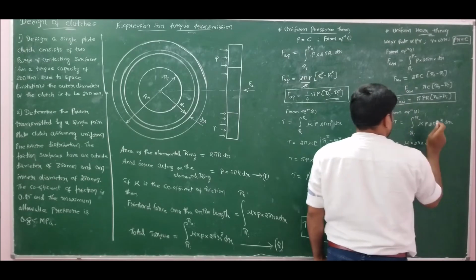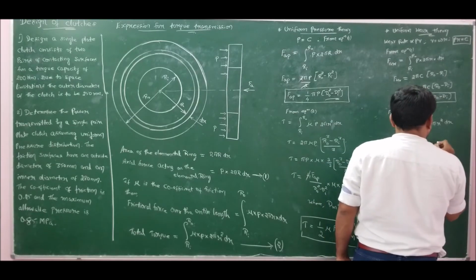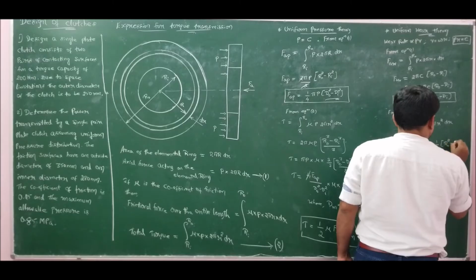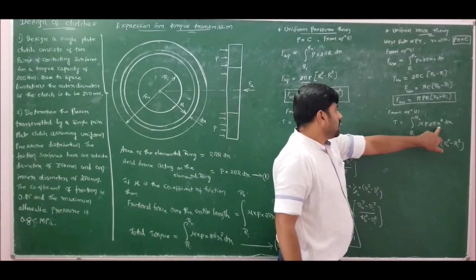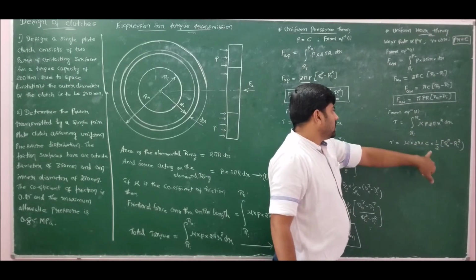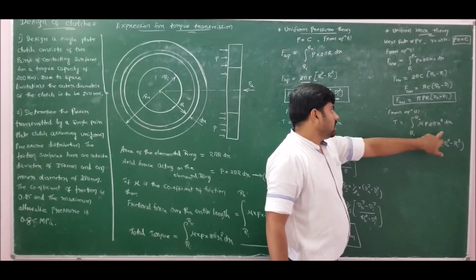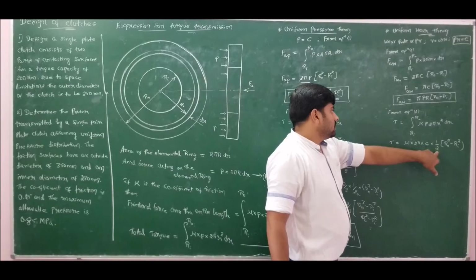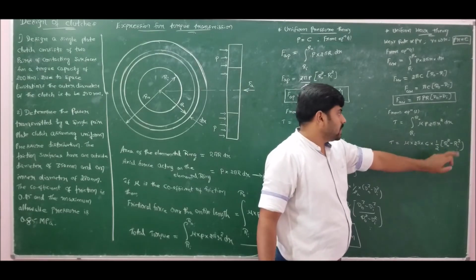I am left with r. So integral of r is r square by 2. In this r square, I took one r outside. P into r I have written as constant. I left one r. Integral of r dr is r square by 2. Substituting the upper limit and lower limit, I will get 1 by 2 times r naught square minus ri square.